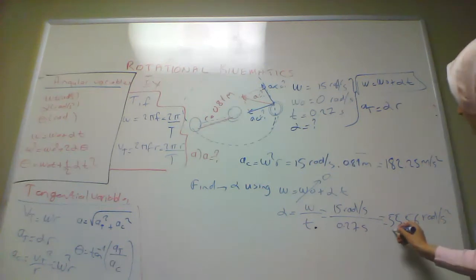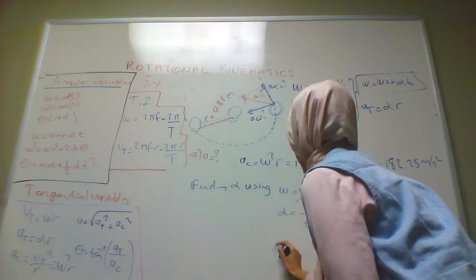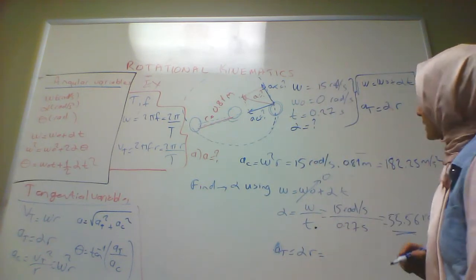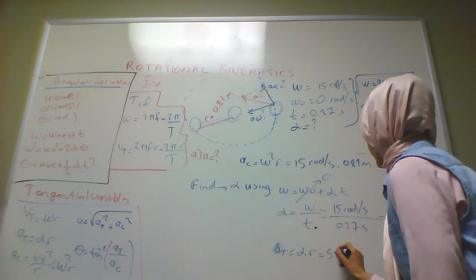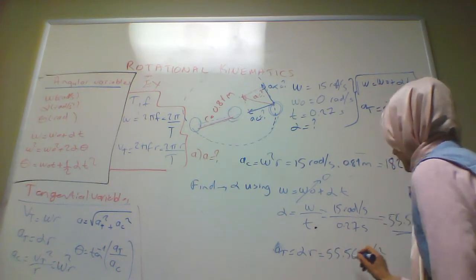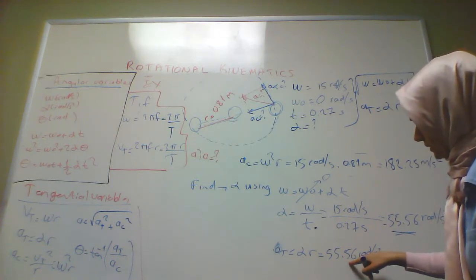Now I have alpha, I can get to AT easily using alpha R. Alpha times R will give me AT, and my alpha is 55.56 rad per second squared. Again, I like giving 2 decimal here. You can also give this 1 decimal.